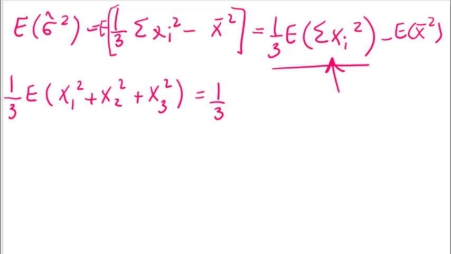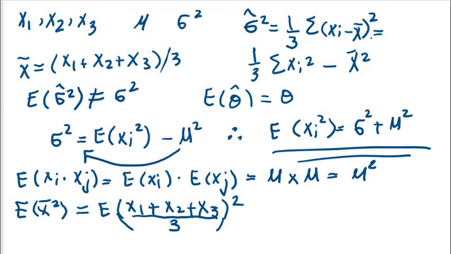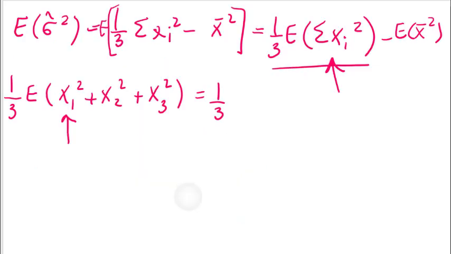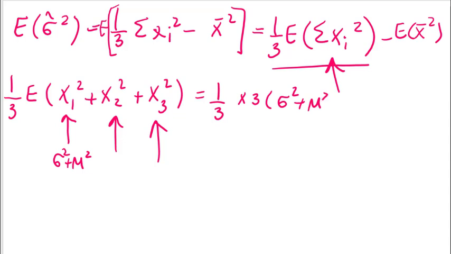and then expectation of x1 squared. You remember here we said that expectation of xi squared was equal to sigma squared plus mu squared. So in here, expectation of x1 squared is equal to sigma squared plus mu squared. Expectation of this and this is the same. So it becomes 1 over 3 times 3 (sigma squared plus mu squared).